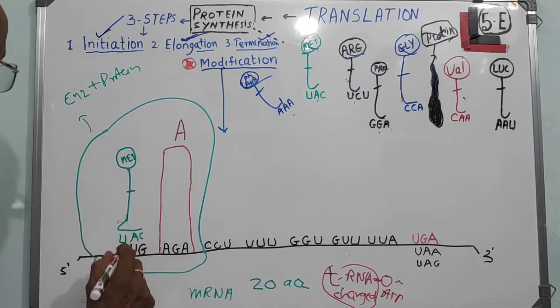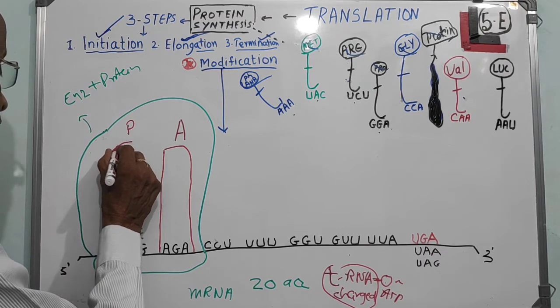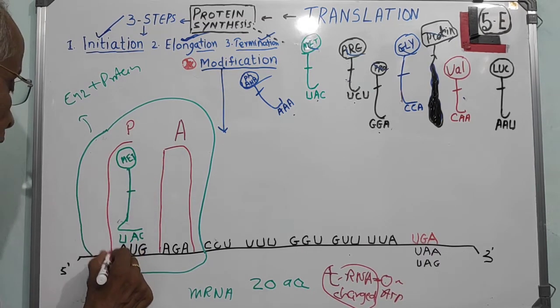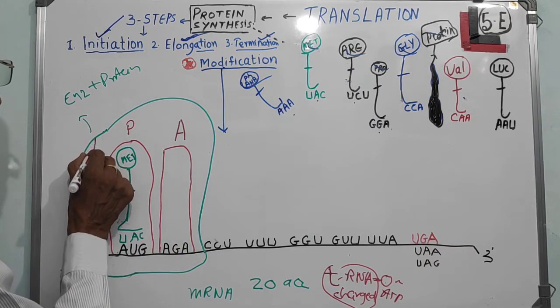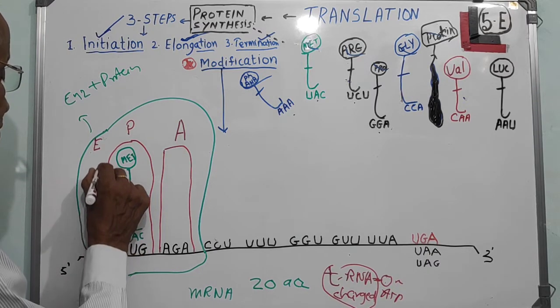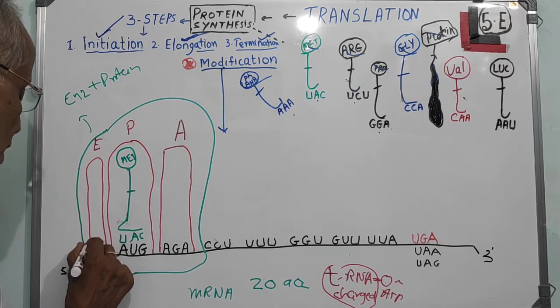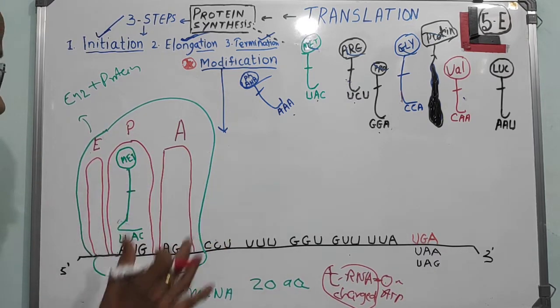In the initiation complex, this is called the P site. P is the short form for peptidyl. That is called the peptidyl site. And there will be one more called the E site, and this is the site where the last tRNA molecule goes away. So three sites will be there.